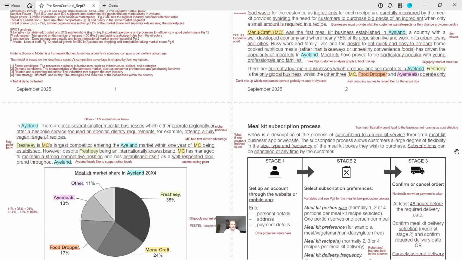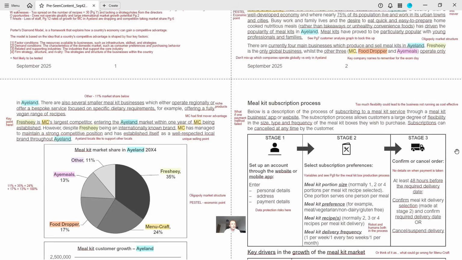They only operate in Ireland, and there are also several smaller meal kit businesses. That is the 11% you can see on that market share diagram on the left hand side, which either operate regionally or offer a bespoke service focused on specific dietary requirements. So fully vegan recipes, for example, niche products, definitely something to be aware of.